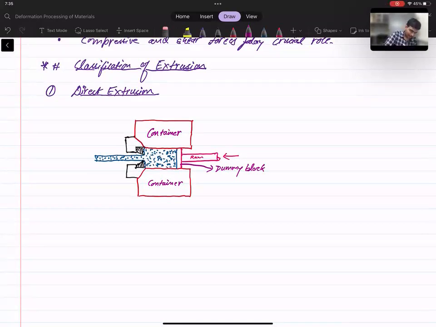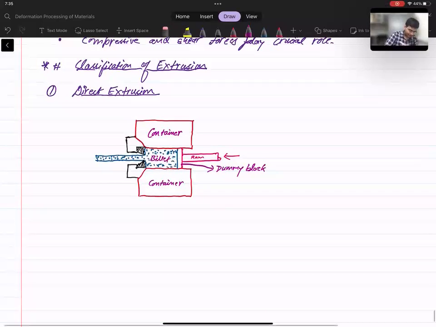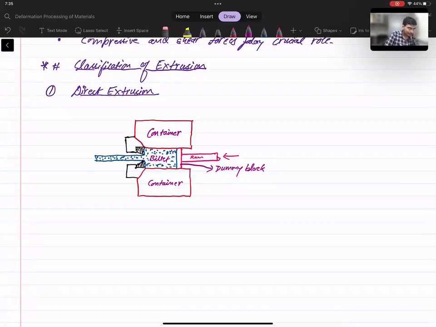Let me erase some part of the diagram itself to write billet here. This was the billet. And the part coming out is known as extrusion. This is extrusion.